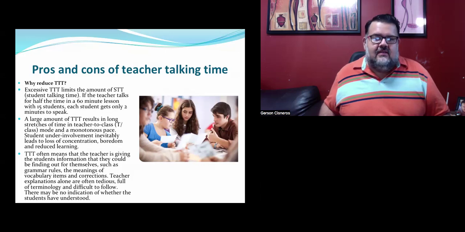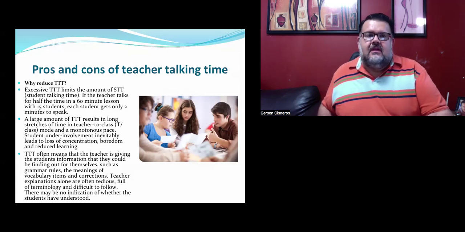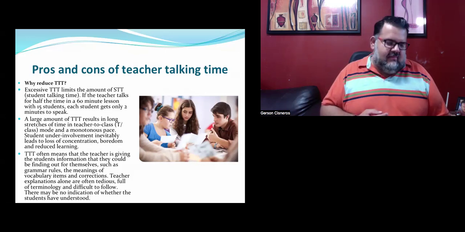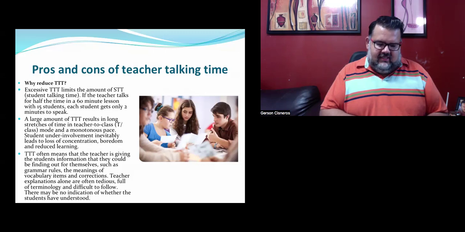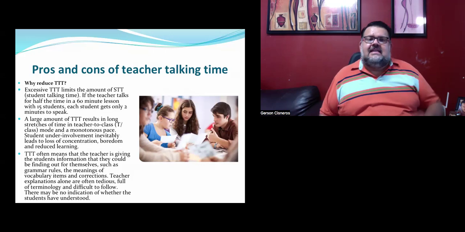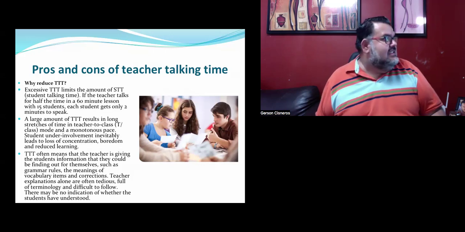Okay, give me 1 second. All right, so why do we need to have TTT minimal? Let's read number 1. Excessive TTT limits the amount of STT.